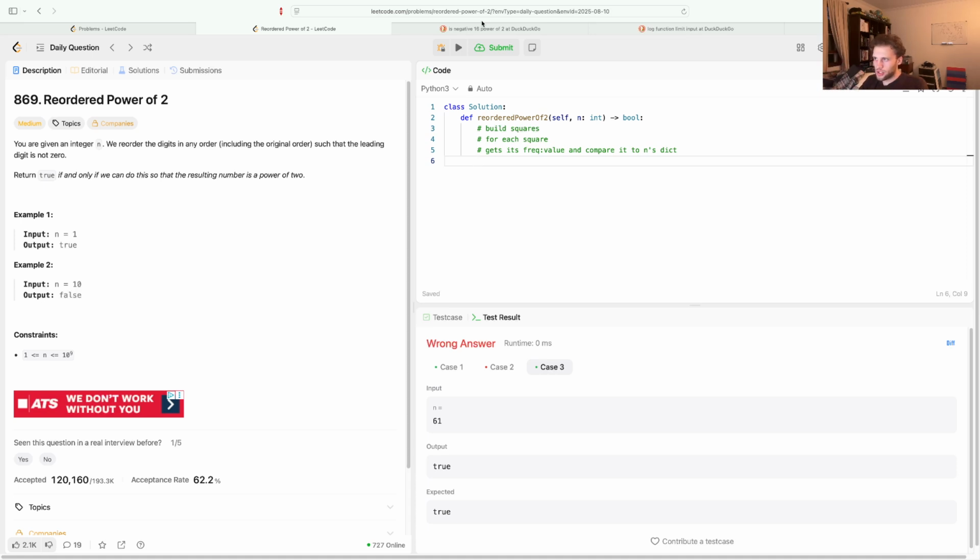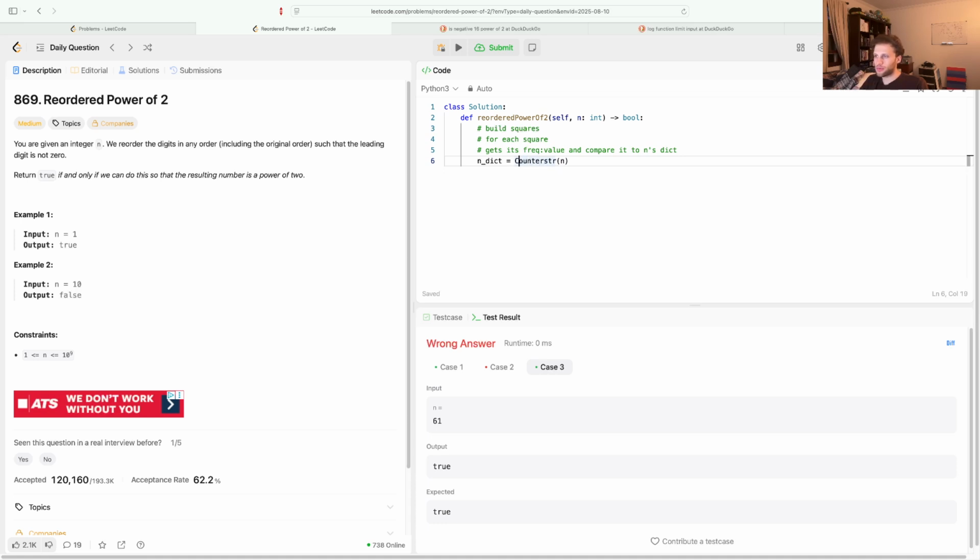So let's create the dictionary for n. We can do this in one line. Let's convert it to a string first, and then we have to convert it to a counter.